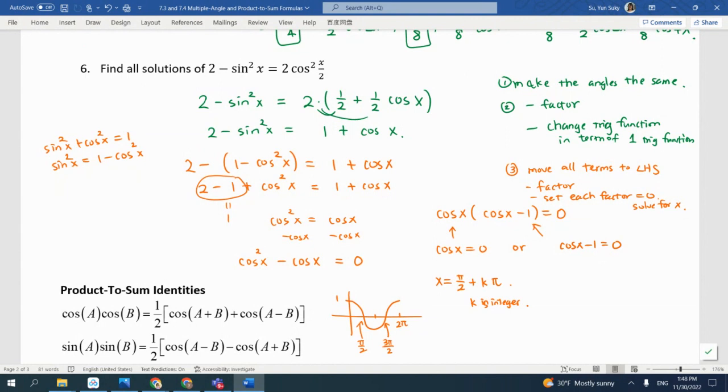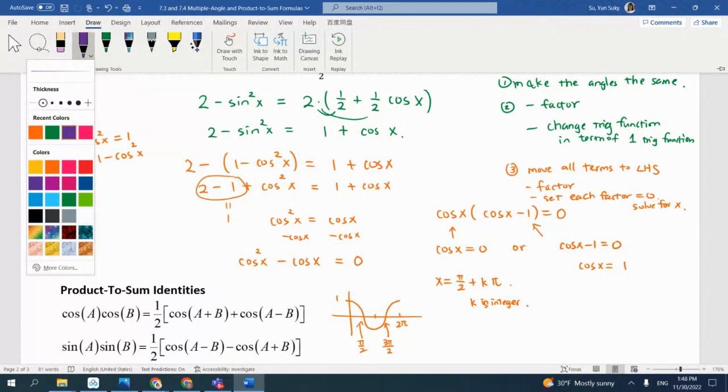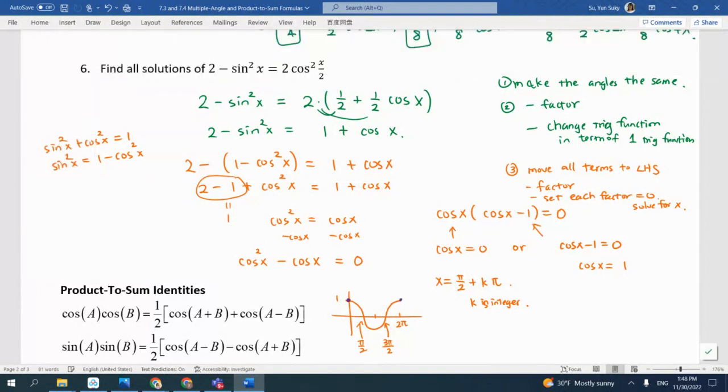Is that okay, everybody? On the other hand, cosine x minus 1 is 0. That means cosine x is 1. What is that? That is here and here, right? This is 0, and then this is 2 pi.